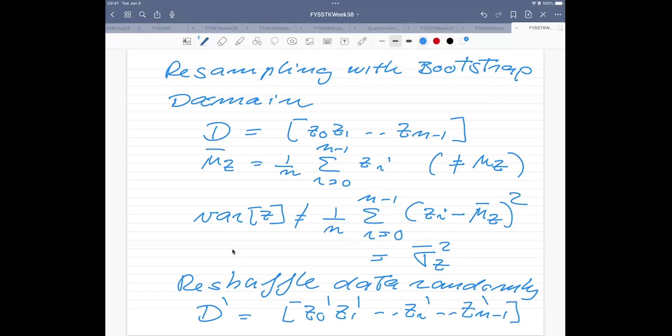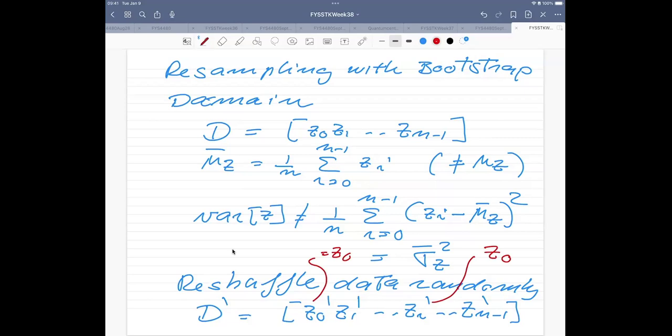With replacement, that means what could happen is that this Z0 prime is exactly equal to the original one. But since I do this with replacement, I could actually have the same numbers appearing several times.